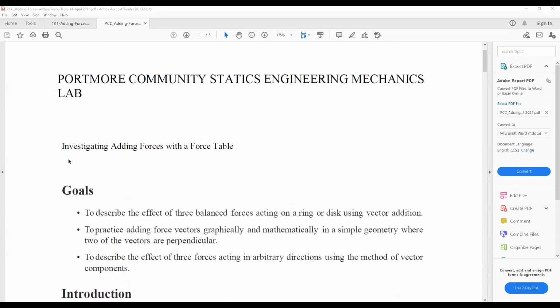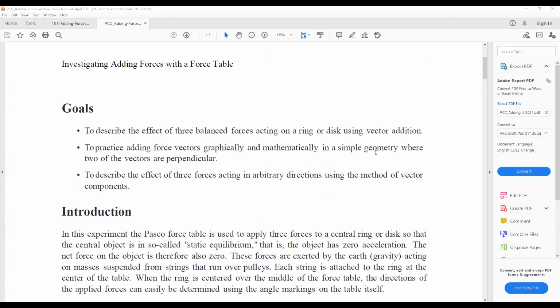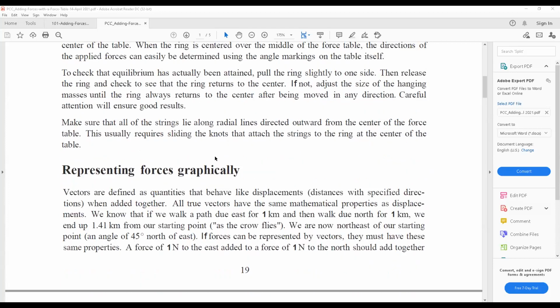I think I put it up since it says investigating adding force with a force table. So the goal is to describe the effect of three balanced forces acting on a ring or disc using vector addition, to practice adding force vectors graphically and mathematically in a simple geometry. All right, so you're gonna read this.